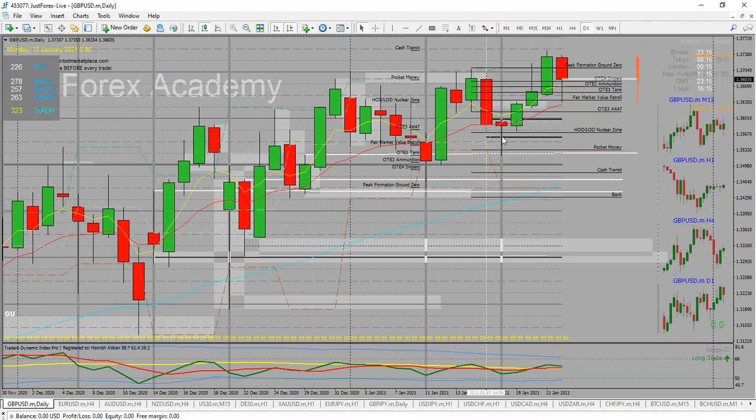Meaning last week, beginning of the week, on Monday, they went to test the flip zone of this swing. Then they gave us the third swing low. Then they used this flip zone as their continuation up to the upright.